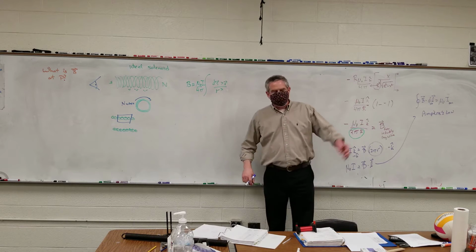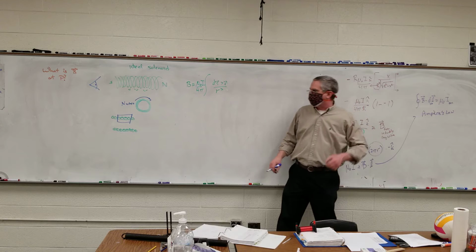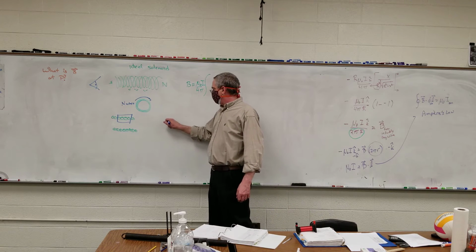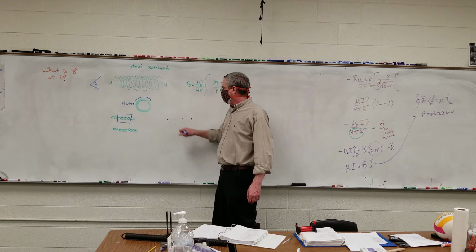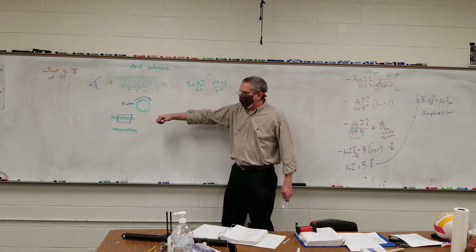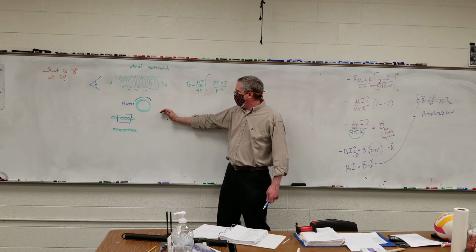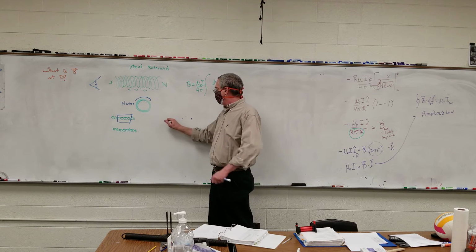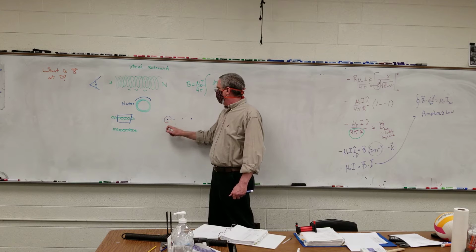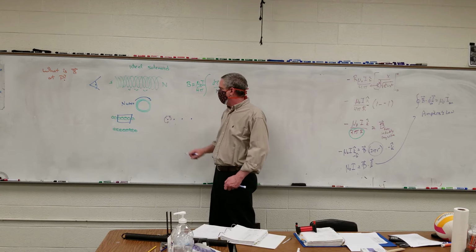So if I think about the magnetic field created by each of these wires, I'm going to just take a couple of these wires up on top. Each one has a current coming out. So I have a magnetic field that's flowing in that direction.